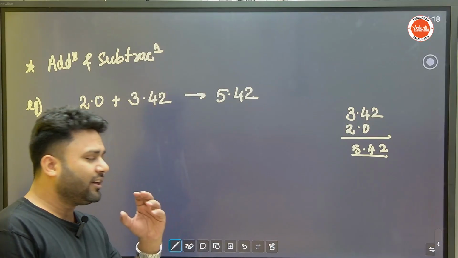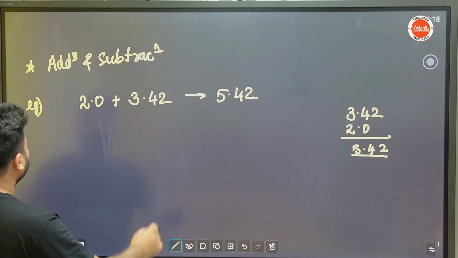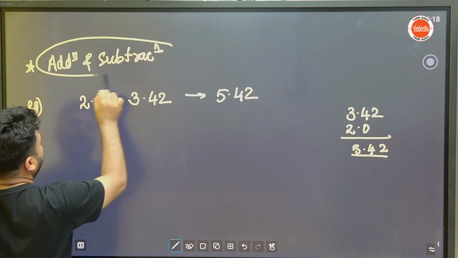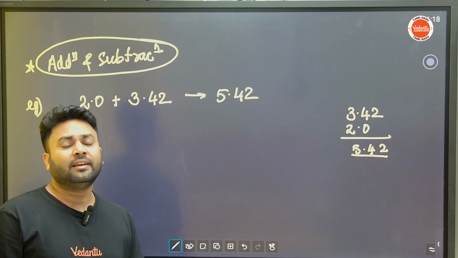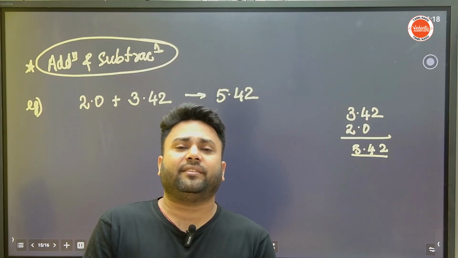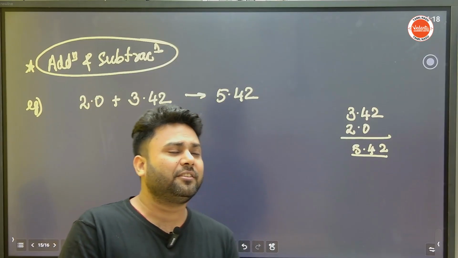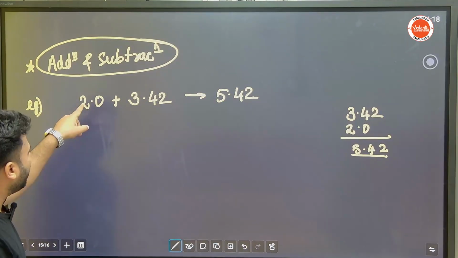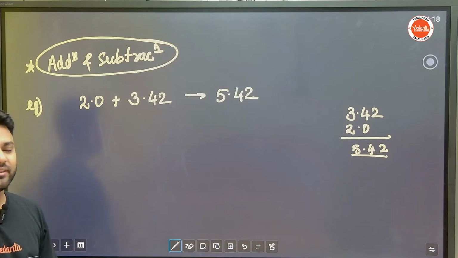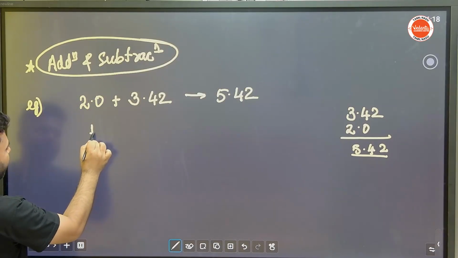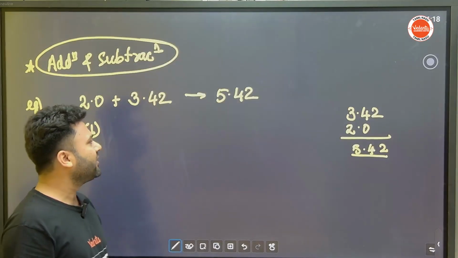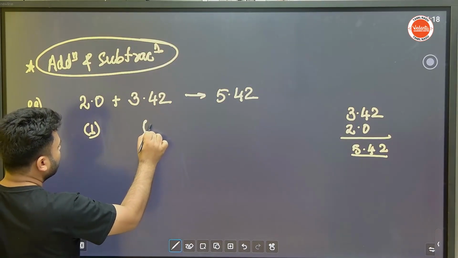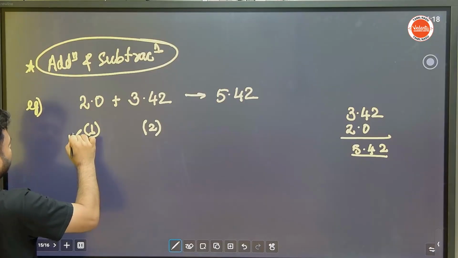Second step, what the rule tells, that if there is addition or subtraction in the question, we have to see the least decimal place. Least decimal place means here after decimal, how many places are there? 1. Here after decimal, how many places are there? 2. So which is minimum? This is minimum.